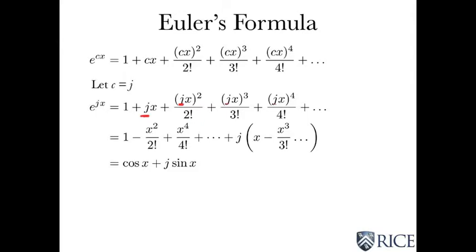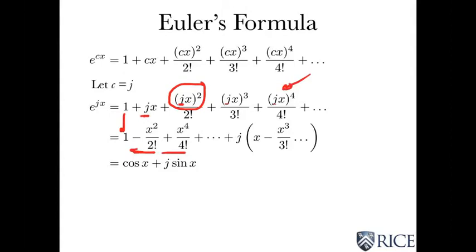So let's look at the even powered terms. 1 is 1, okay. This term, that's j squared times x squared. Well, j squared is -1, so that's where this term comes from. j to the 4th, well, that's j squared times j squared. So that's +1, so that's where that term comes from.